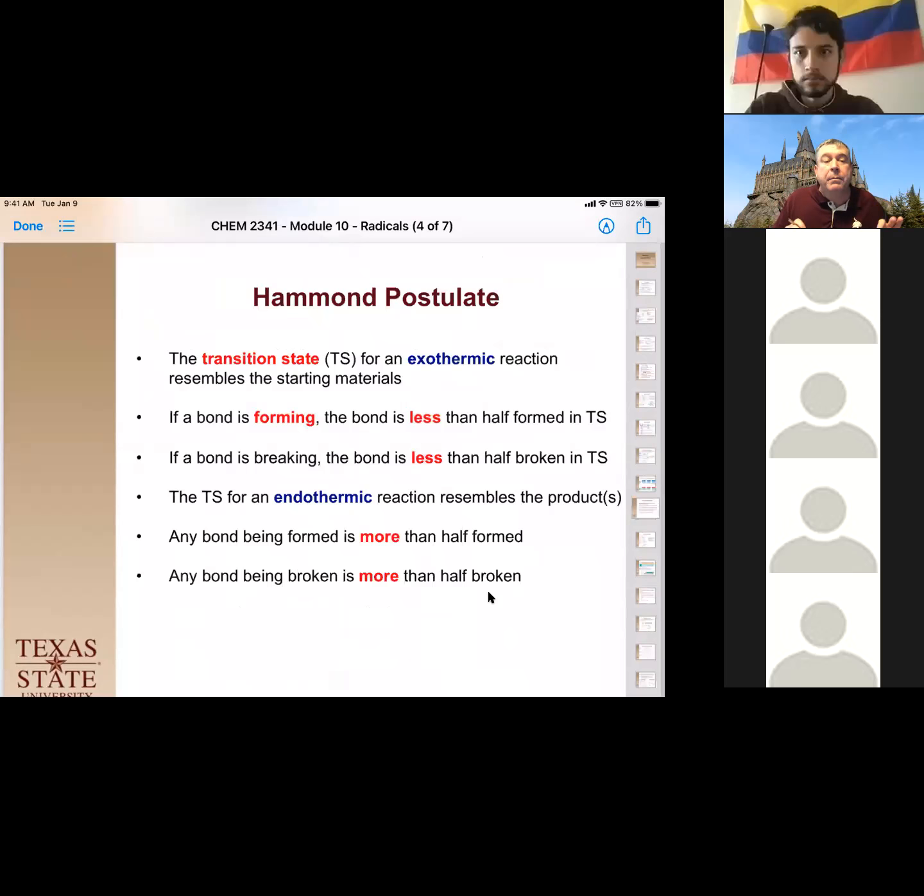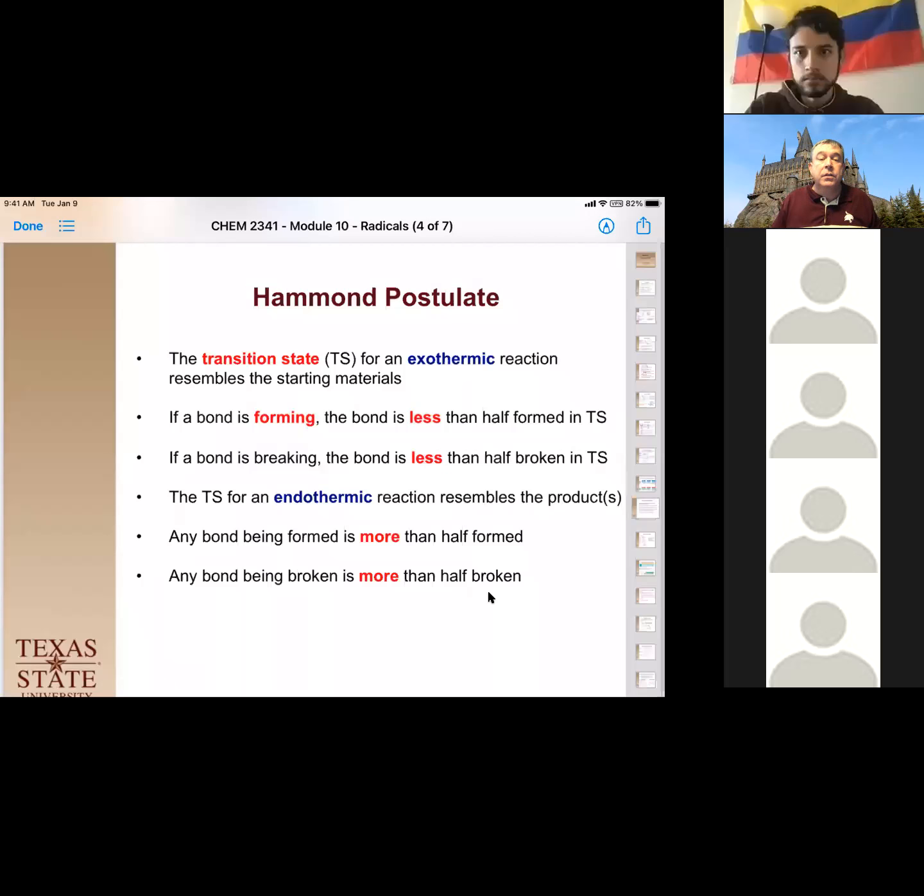Okay, what that means is the bond that is forming is less than half formed in the transition state. So if you think about it, the forming bond, the thing coming in, is further away, less than half of a bond formed, and the leaving group has more than half of a bond formed.